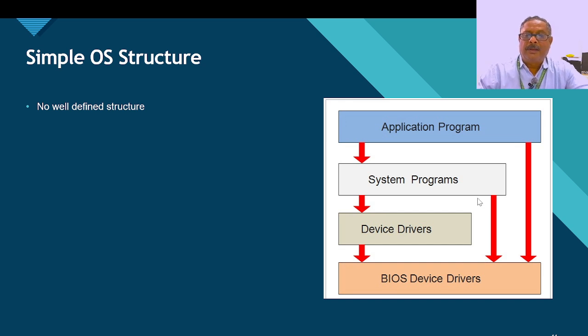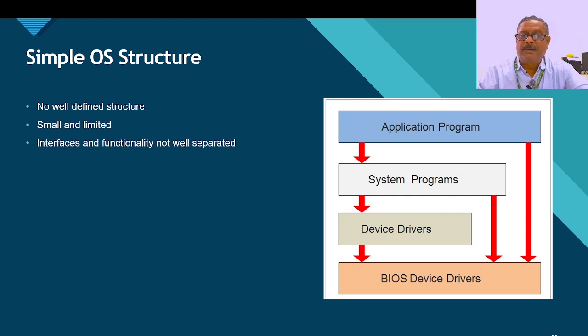All this here we have shown in some structural form, but in reality, the first version of that was not well structured. It was very small and had limited features, and the interfaces and functionality were not well separated, so it was just made as one component. All the functionalities, whatever we wanted, were just combined together to make one software called the disk operating system or something like that.